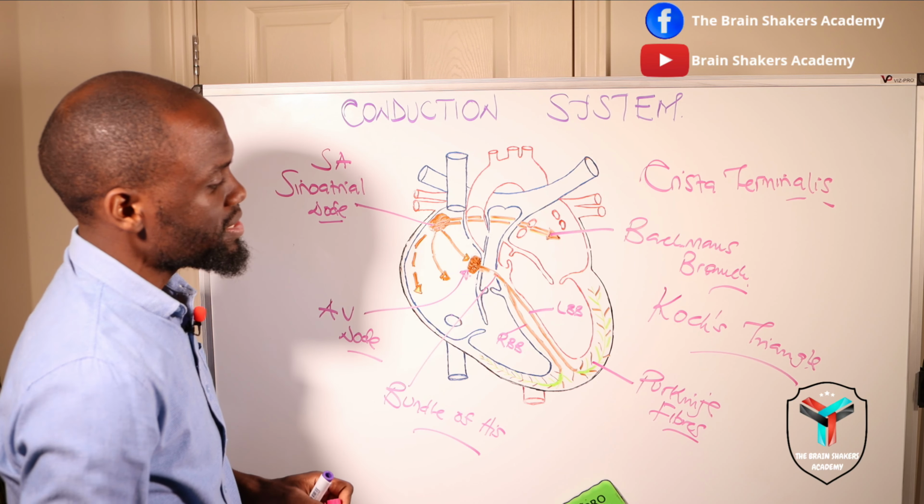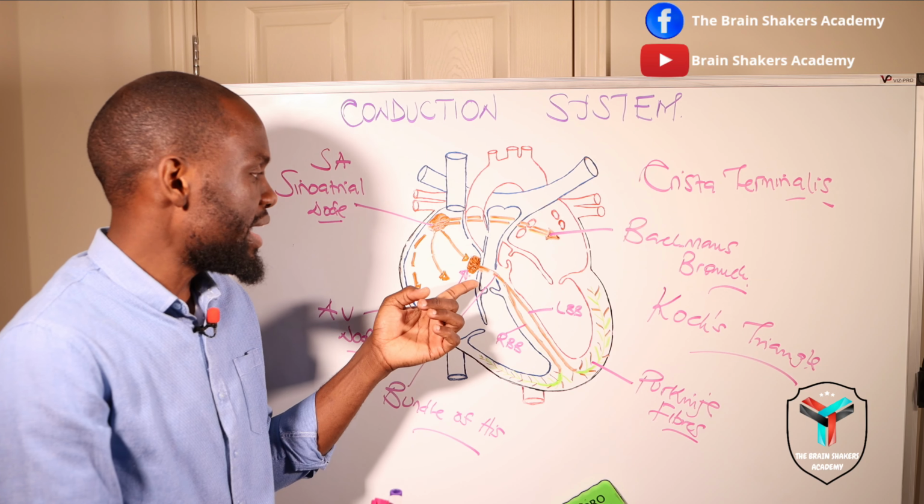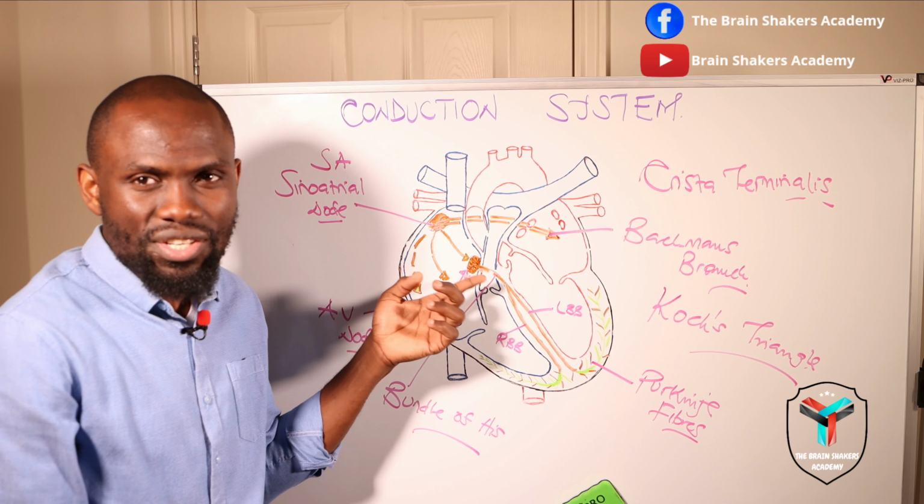So the sinoatrial node, or the SA node, is referred to as the primary pacemaker and the originator of the heartbeat. But the atrioventricular node also has the capacity to generate that action potential. The sinoatrial node generates an action potential at a faster rate because it has cells more specialized to perform that function at a faster rate than the atrioventricular node can.